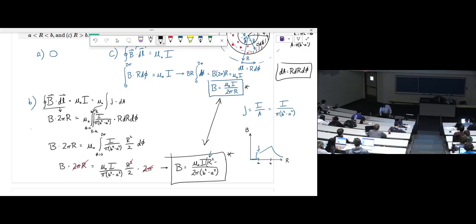You would have gotten r squared minus a squared, and you would have picked up here a factor of r in the denominator. But still, r squared divided by r, we still get a linear increase.